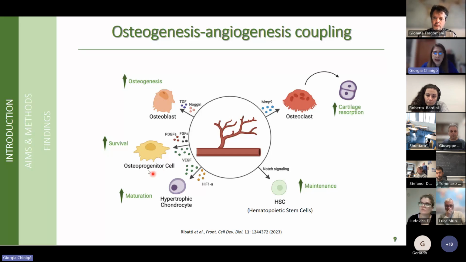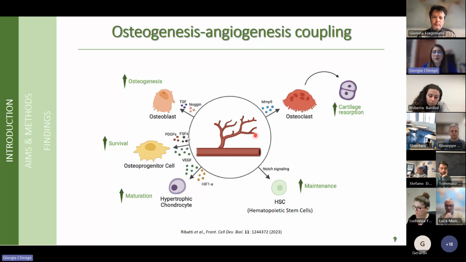As you can see from this slide, through the secretion of a large variety of soluble factors that are called angiocrine factors. As you can see there, indeed, the endothelial cells are able to secrete some factors that play a central role in all those processes I spoke about at the very beginning of this presentation to describe bone functionality.